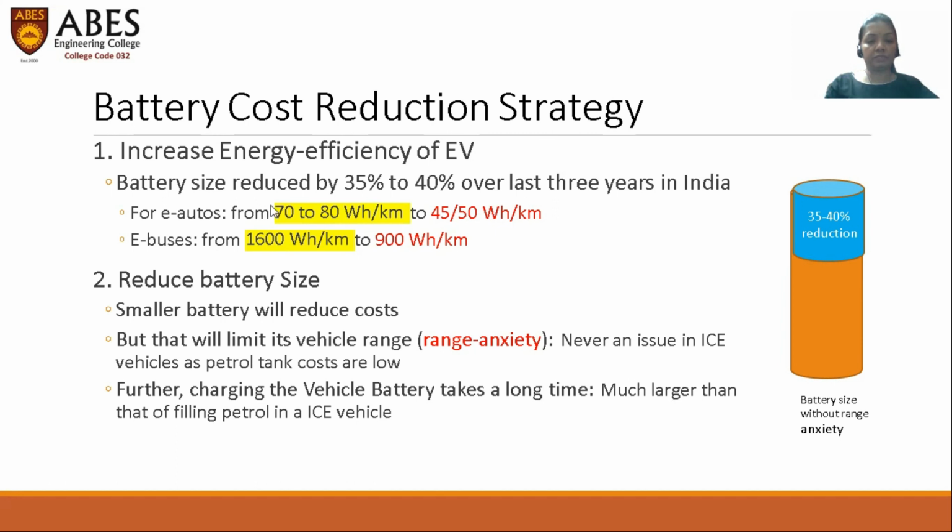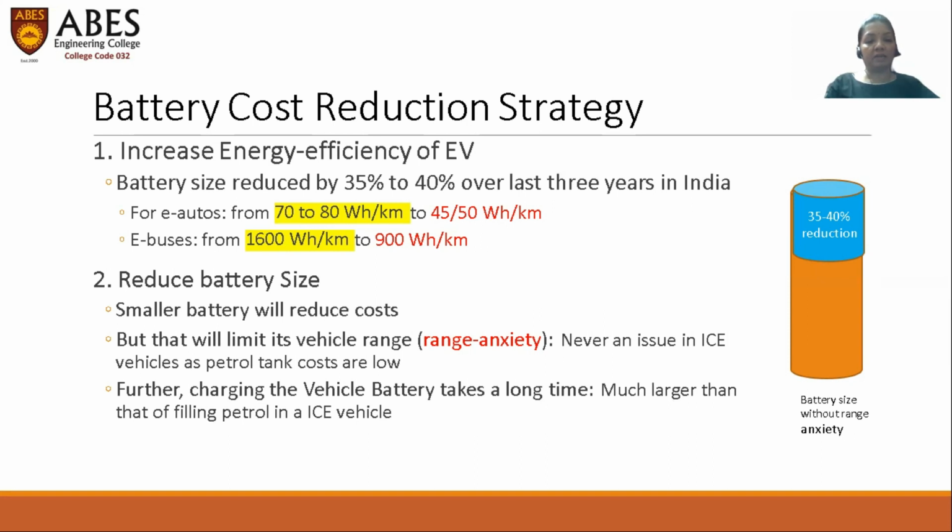Here we can see that the size of the battery can be reduced by 35 to 40% over the past 3 years in India. Earlier, for e-autos, the consumption was 70 to 80 watt hours per kilometer, whereas presently it has been reduced to 45 to 50 watt hours per kilometer, almost a decrease of 35 to 40%.